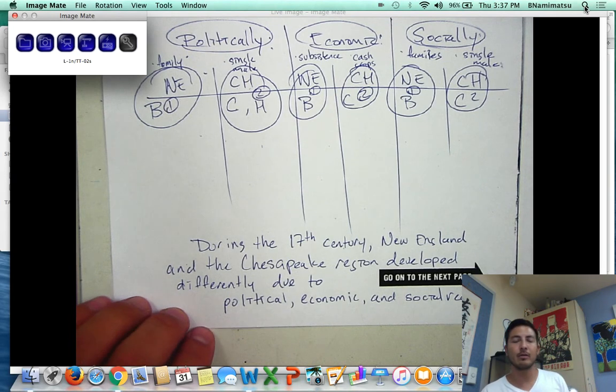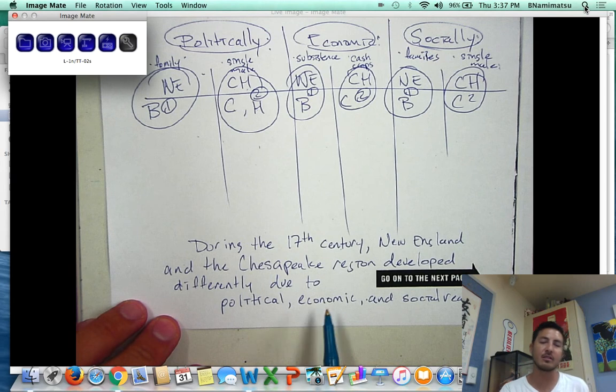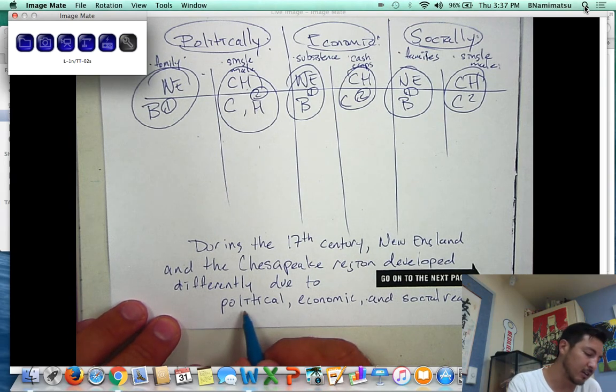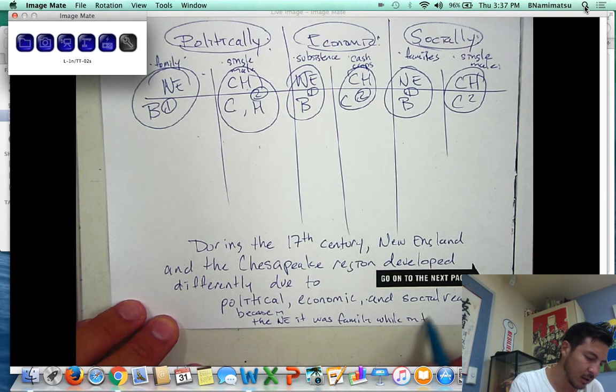Now, again, most students in the AP class would say this is not a thesis. This is not acceptable as a thesis. And actually this is, because it's not repeating the prompt and also has very clear categories. Again, a good student would say politically, because in the Northeast it was family, while in the Chesapeake it was single males.